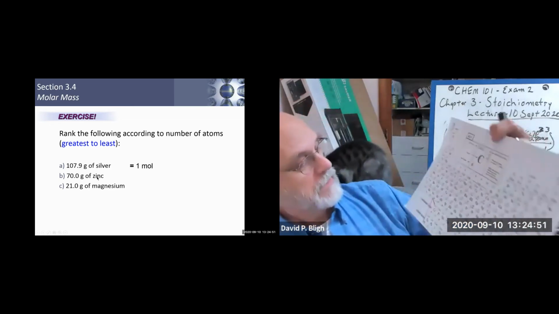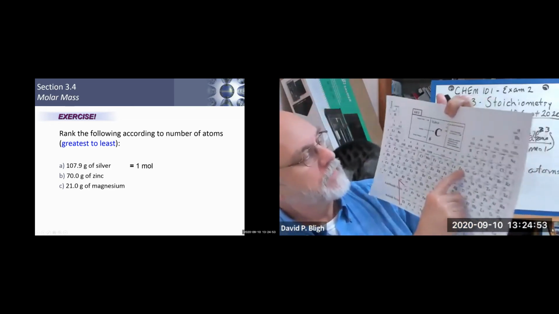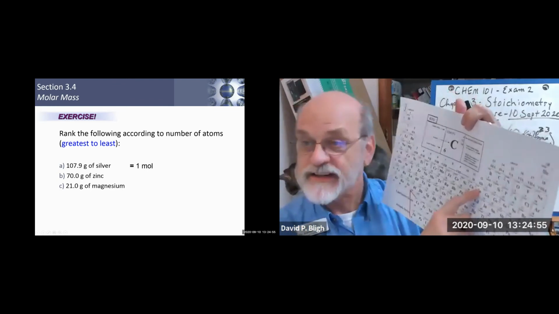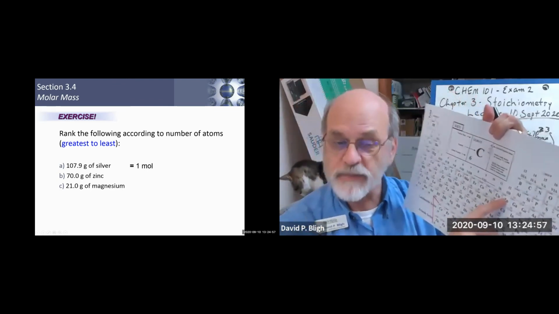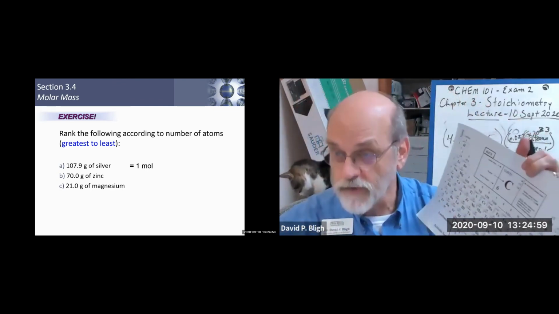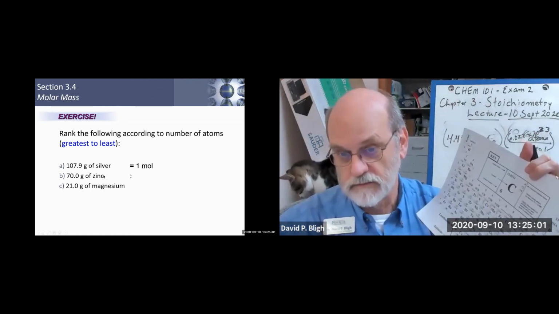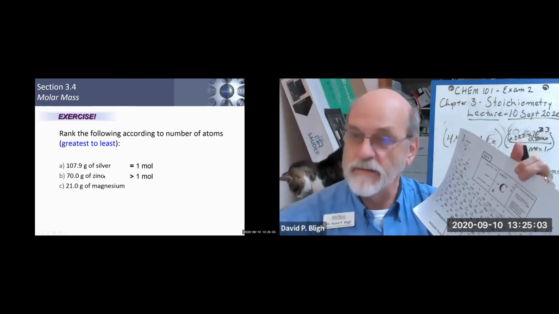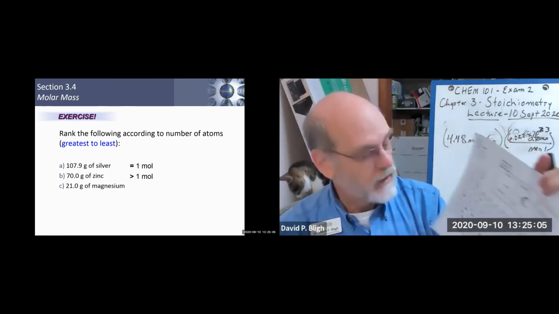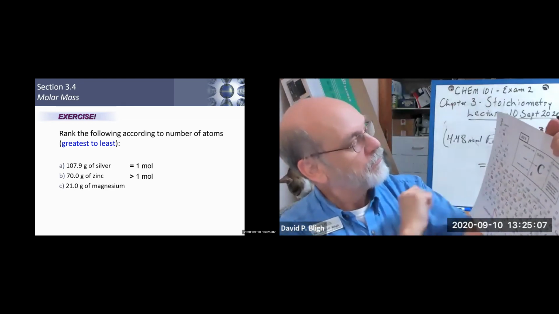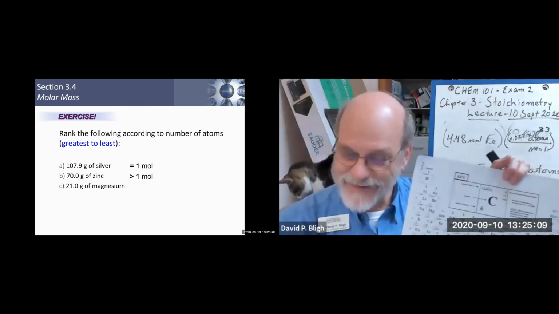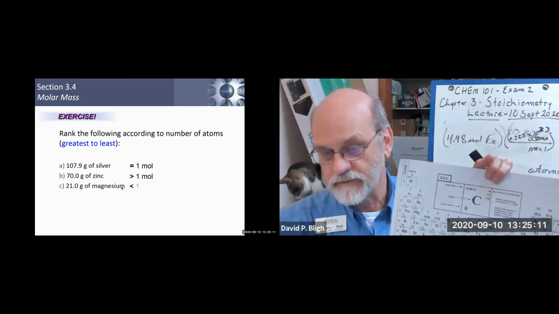Well, let's see. Zinc is right here, and its molar mass is 65.39, which means 70 grams is more than 1 mole. Okay? Magnesium, we just determined that one as 24.3, so we have less than a mole of magnesium.